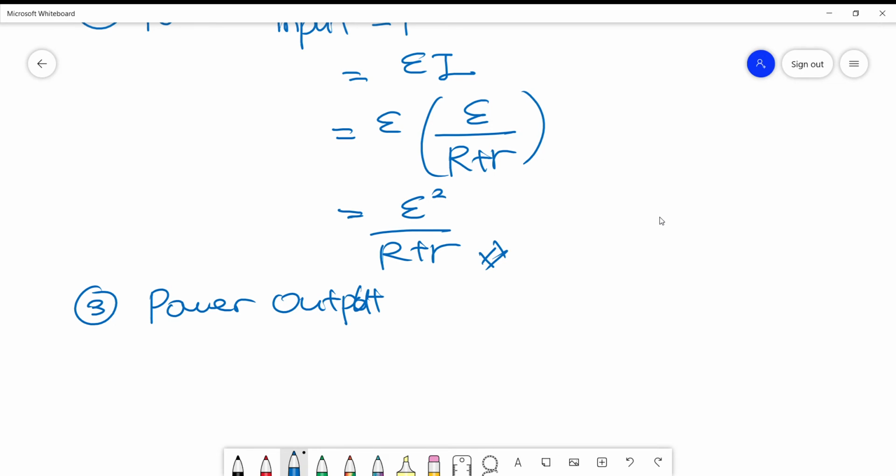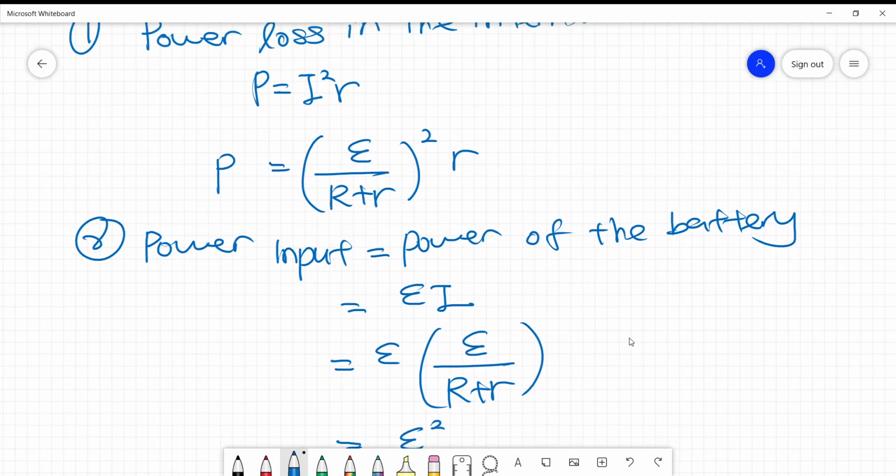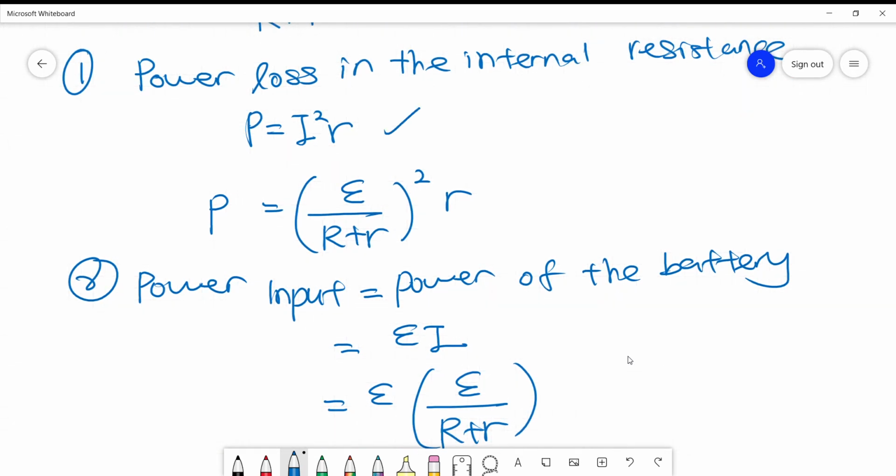The power output happens inside the external resistor, so what we need to write is I squared capital letter R. This is the capital letter R, and this is the small letter r.